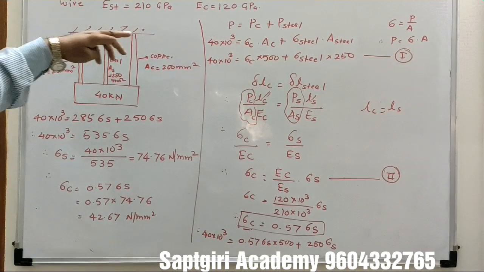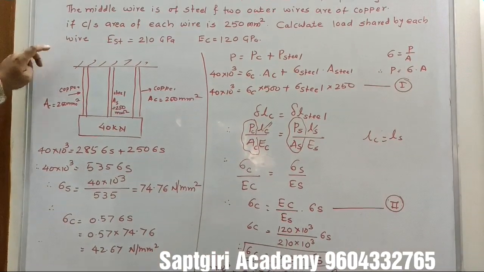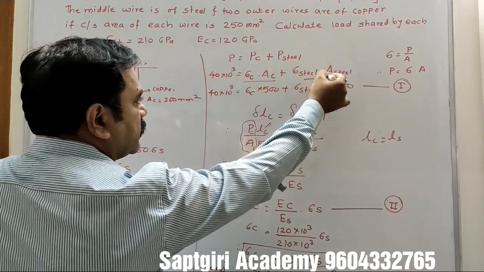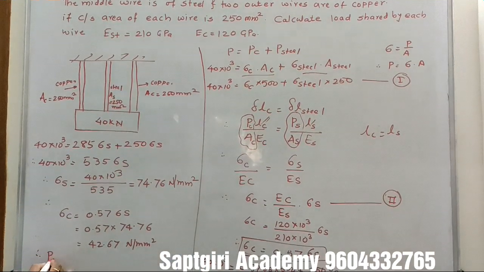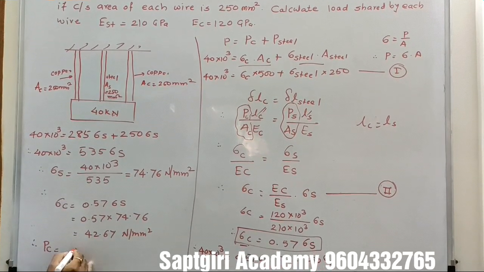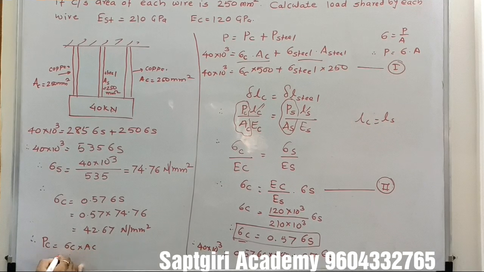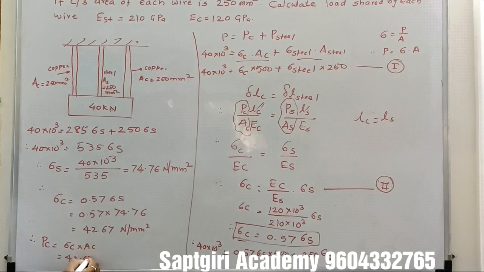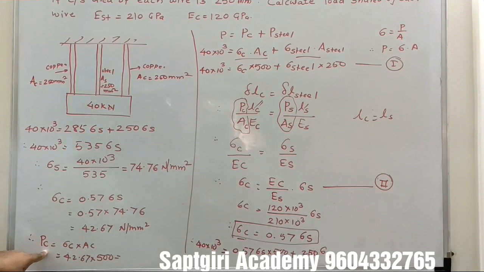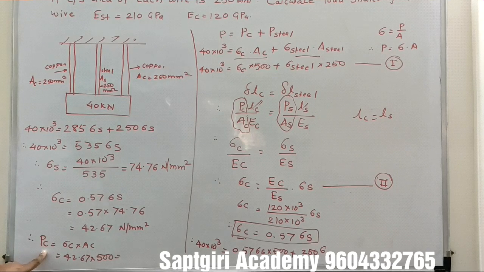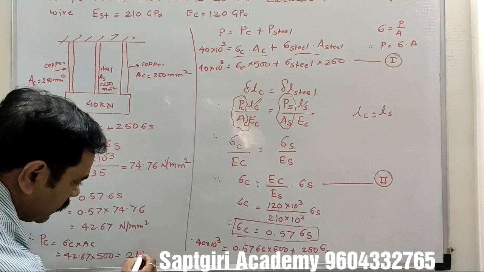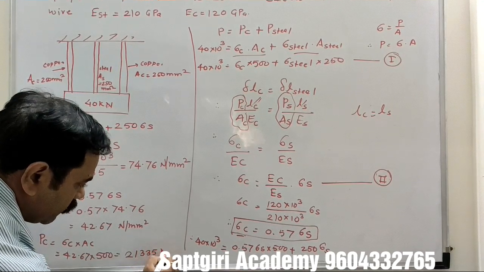Now we have to calculate the load shared by each wire. We put sigma S and sigma C in this equation. The load shared by the copper wire PC equals sigma C into AC, so 42.67 into 500. We get the load shared by the copper wire as 21,335 Newton.